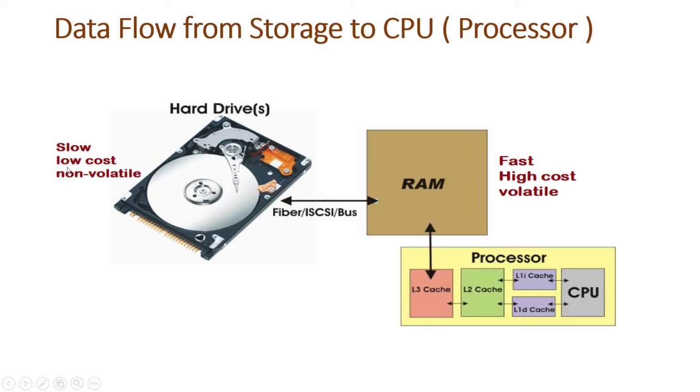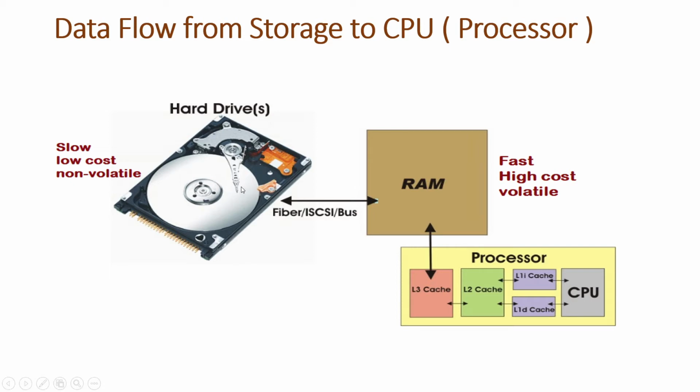Hard drives are generally slow, low cost and non-volatile, whereas RAM is generally fast, costly and volatile in nature. Each time we execute any operation, that means we are giving an instruction to the processor, or CPU, to process the data, and that data is in the hard disk.